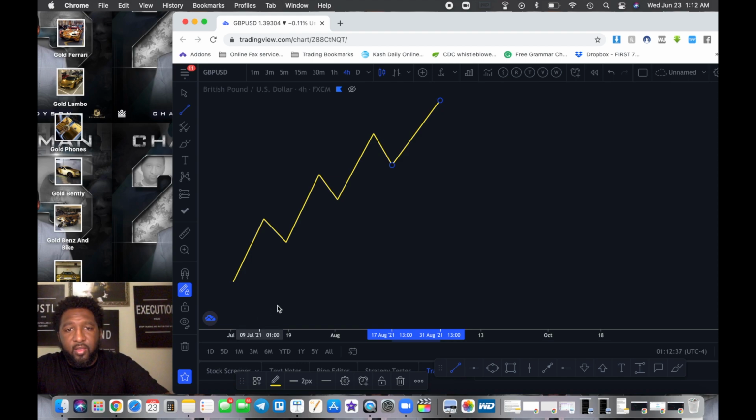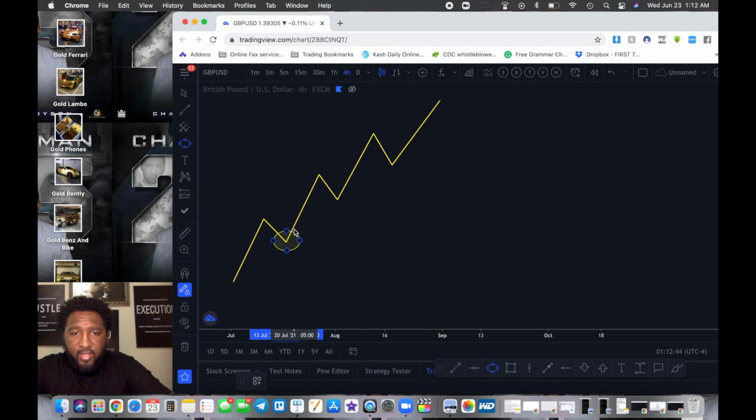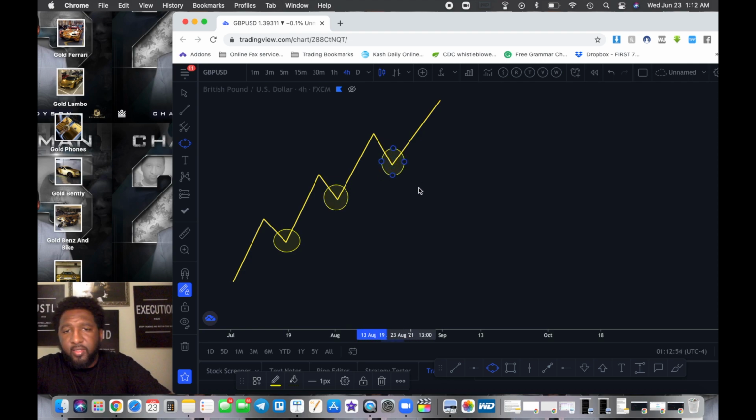So since we know that the market moves like this, all right, here at the end of consolidation and the beginning of the continuation, right, is the most opportune time to enter the trade, okay? Now, this isn't revelational knowledge, right?